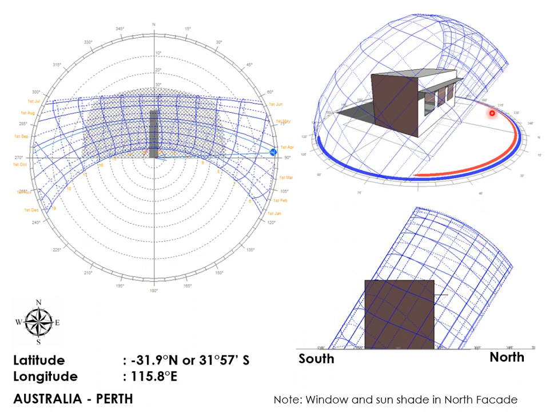So the northern facade, having the windows and sajjas, is more exposed, and even the roof is more exposed to the sun. So the design of the sunshades or the proposal of the windows will vary according to each location in the world if you do a climate responsive design.